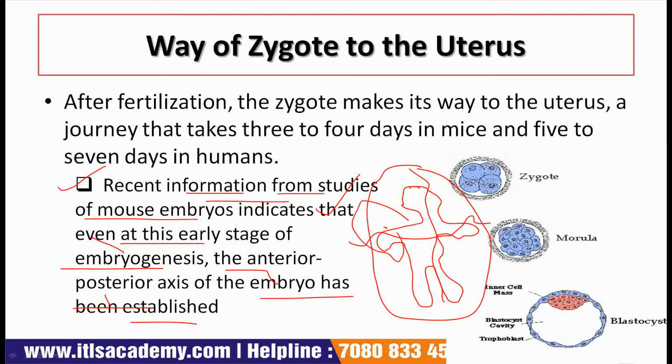This hand is something weird, so this type of structure will form if there is no axis formation. If there will be axis formation, then there will be a proper patterning, and after that patterning, hands, legs, and each and everything will form.